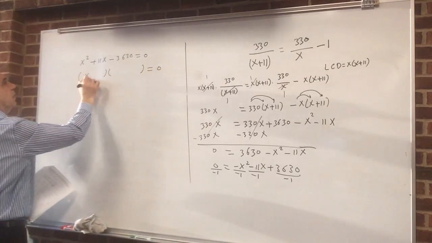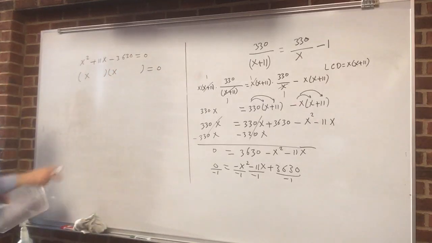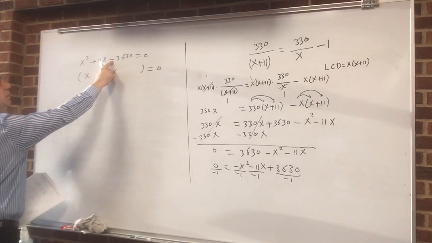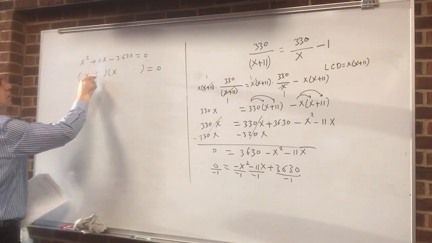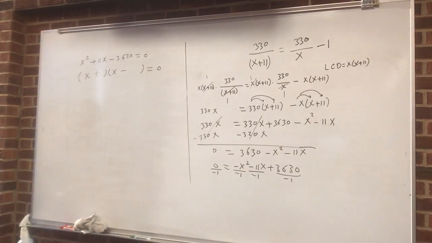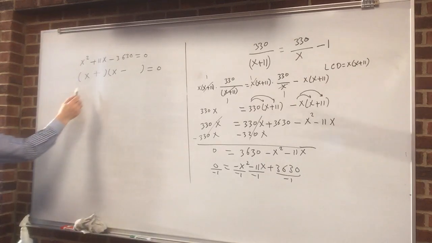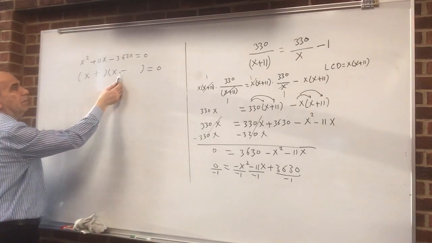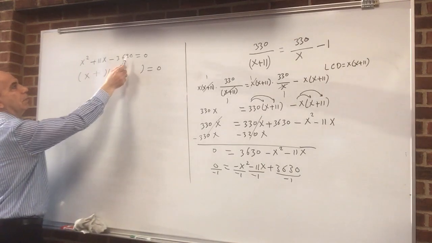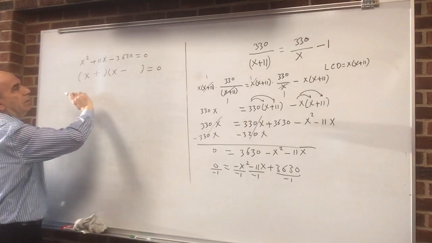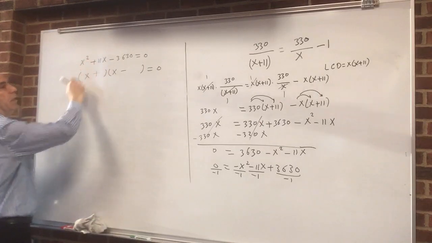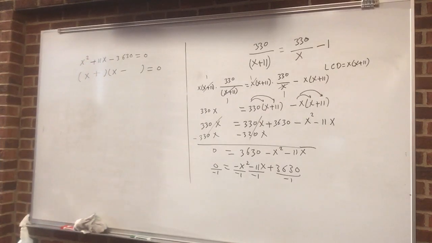So x squared is x times x. If the sign of the last term is negative, the signs of the binomials are one positive, the other negative. Now find two numbers, one positive and the other negative, whose product equals negative 3630 and whose sum equals 11. What are the two numbers?